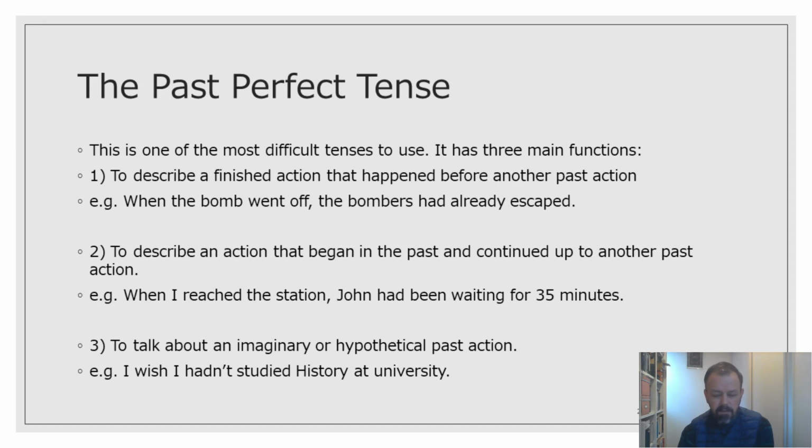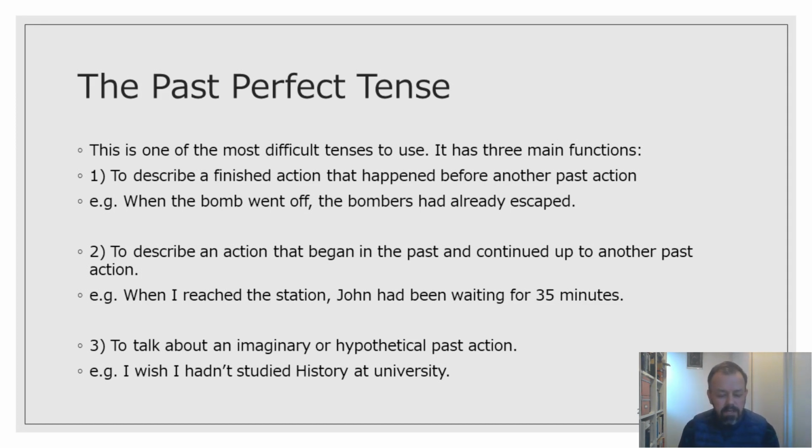So the past action that happened was the bomb going off. The action which happened before that was the bombers, the terrorists or whoever, escaping. And they had finished escaping before the bomb went off. So it gives us a good framework, kind of looking at when these actions happened in relation to each other. So it can be quite useful.